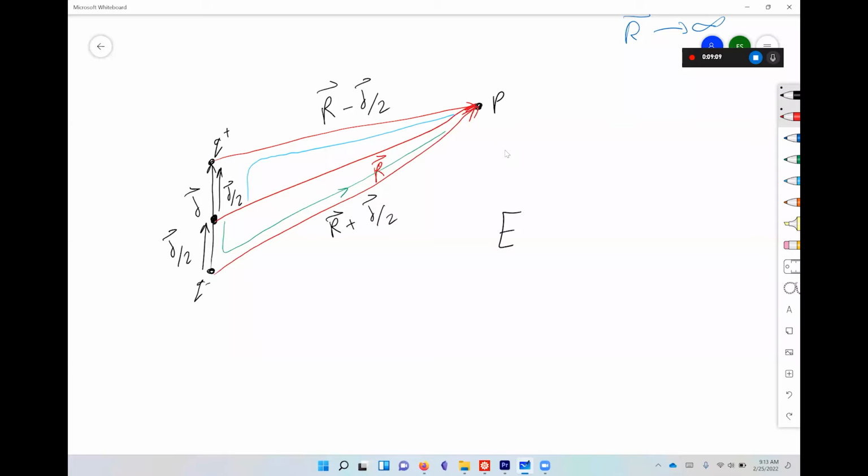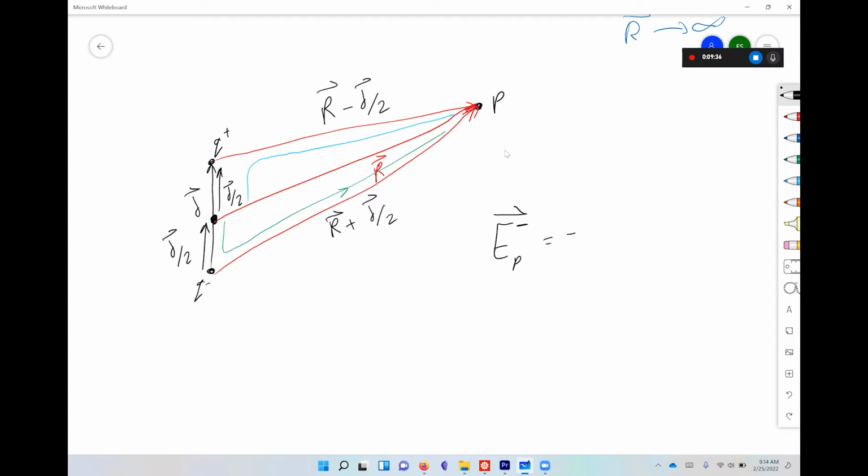So I have E at P. It's a vector, I didn't write the vector notation. E at point P, sorry. Let me say this is the negative one, from the negative charge.